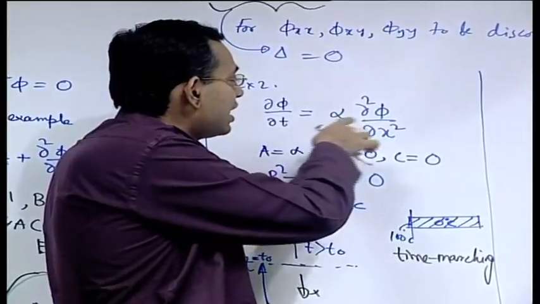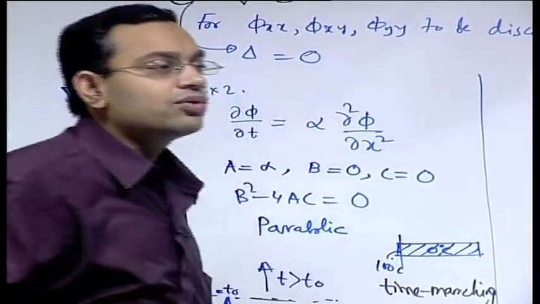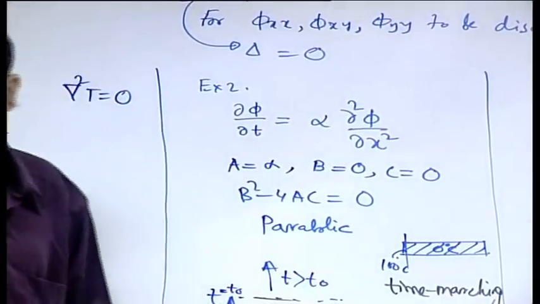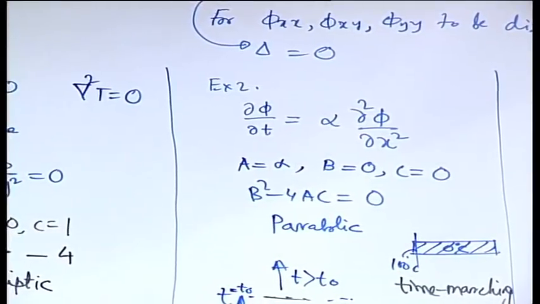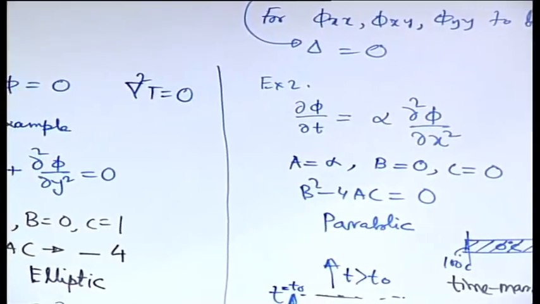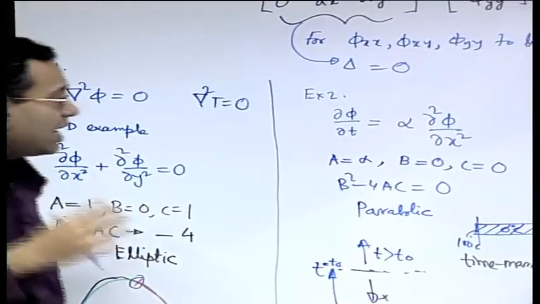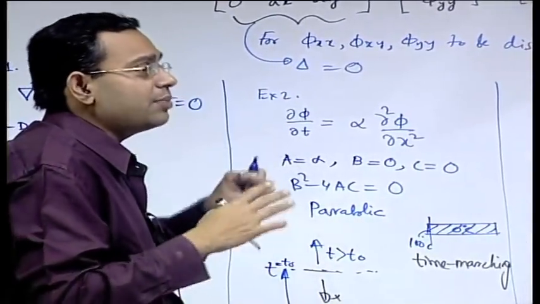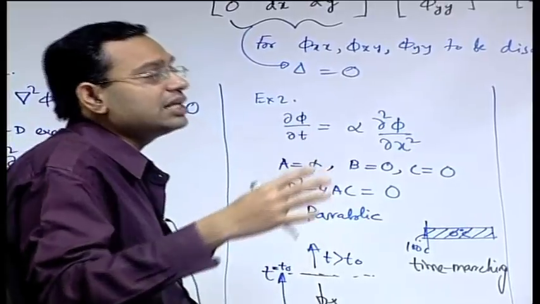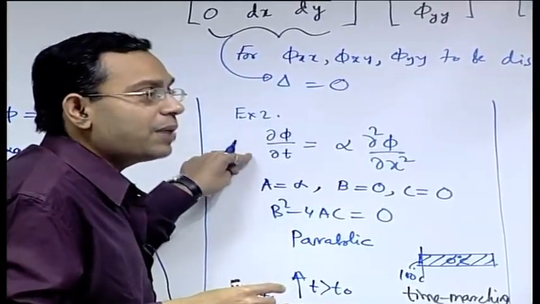Then it will be just d square phi dx square equal to 0. That will be just like a Laplace equation prototype, and it becomes a boundary value problem or an elliptic problem. So this problem also has some elliptic nature inbuilt in the steady state limit. So it is better not to say that it is simply a parabolic equation.